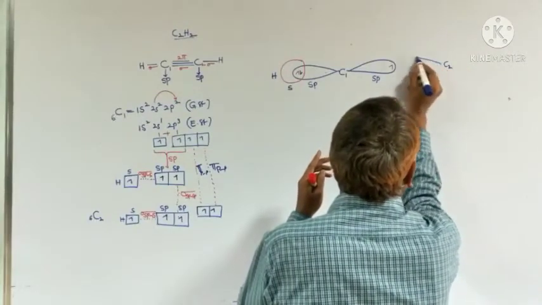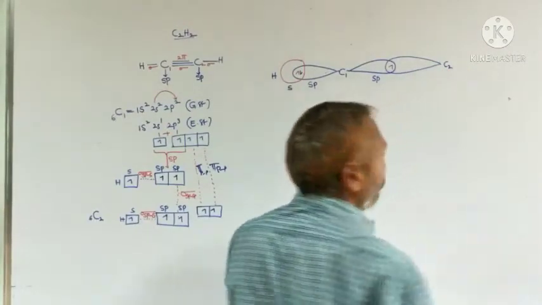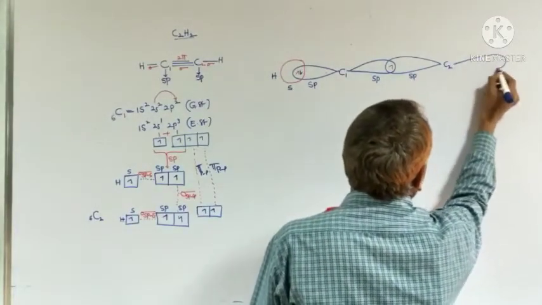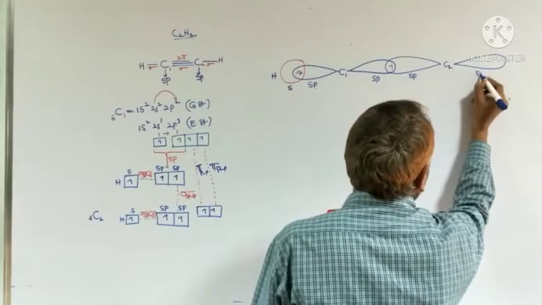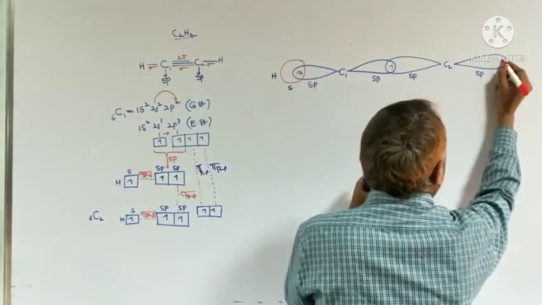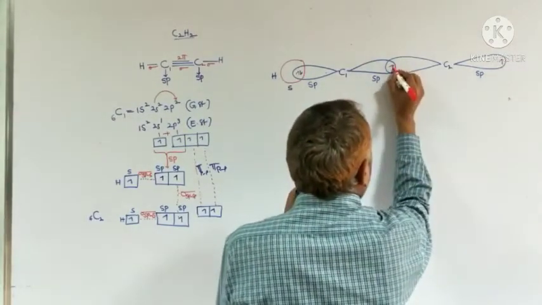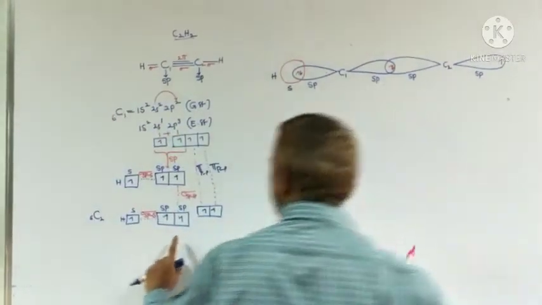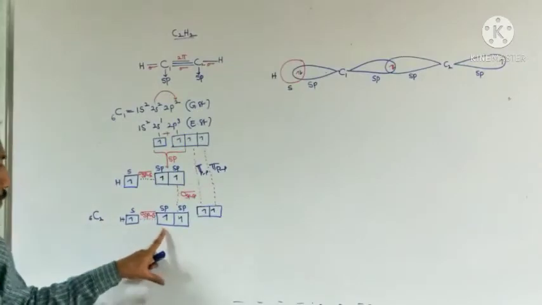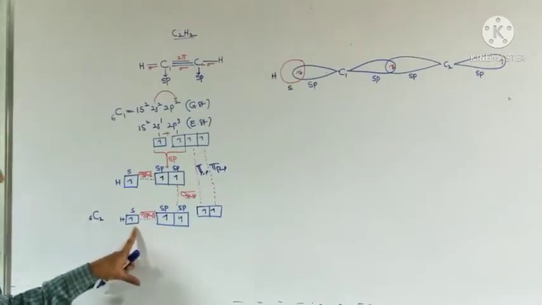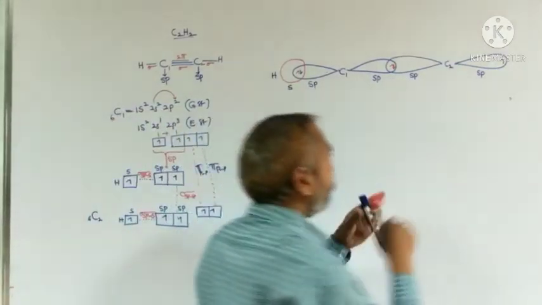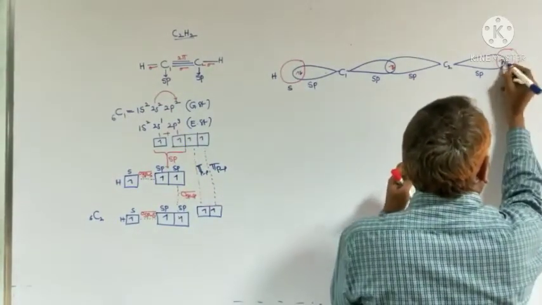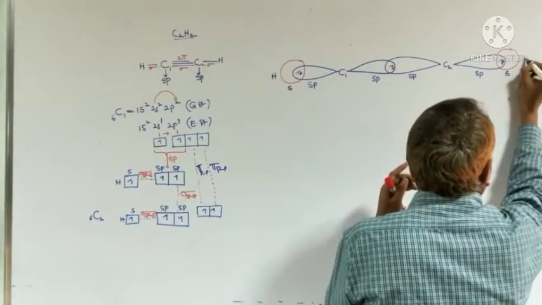The C2 carbon also has two sp hybrid orbitals, each containing one electron. This sp hybrid orbital overlaps with the s orbital of hydrogen.